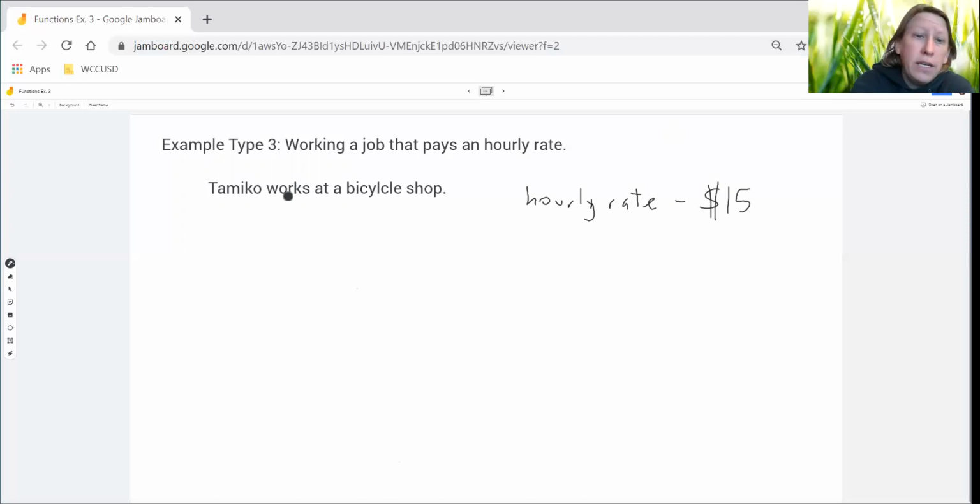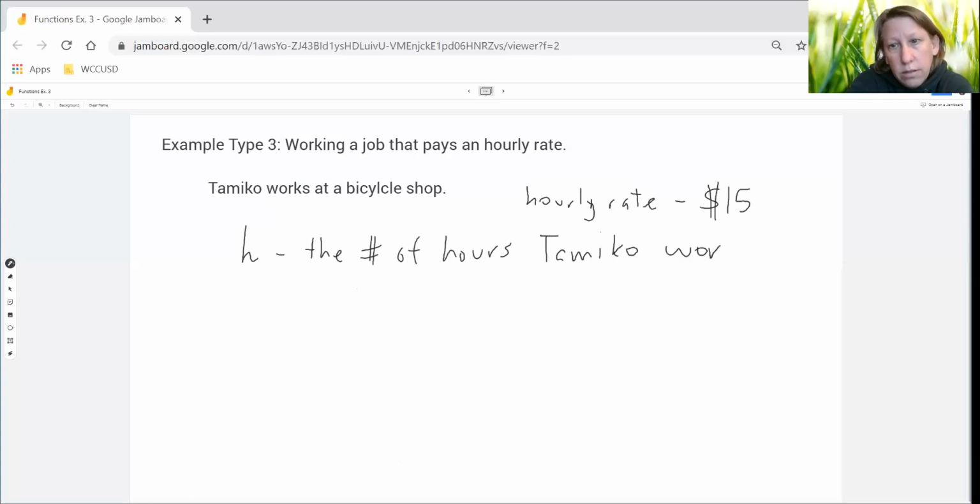Each stands for hours. So this is going to be the number of hours Tomiko works. That's one variable. Is that independent or dependent? It's independent. That's the independent variable.